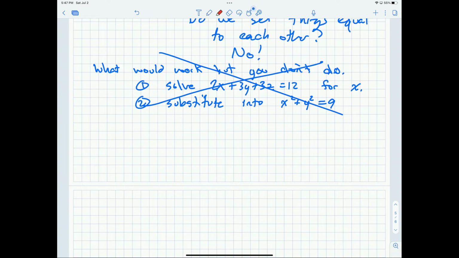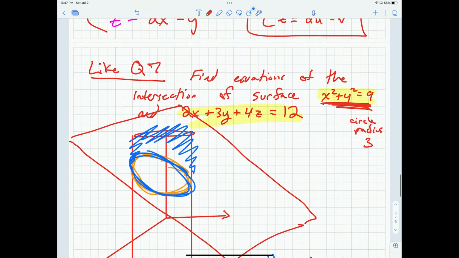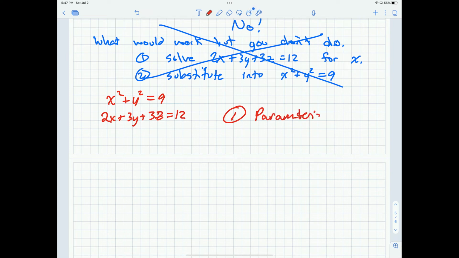That's going to be a better use of our time, what you actually do. So you've got these two surfaces, x squared plus y squared equals 9, and 2x plus 3y plus 3z equals 12. So what you do is this. Your first thing is to parameterize the cylinder, because that's easy. Why is that easy?